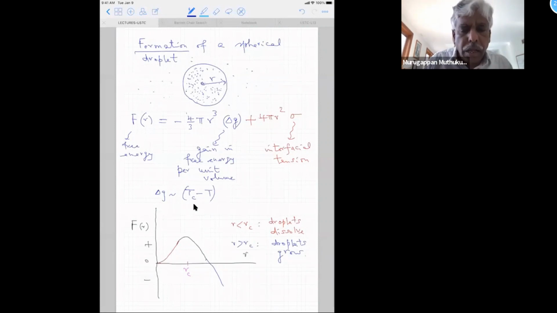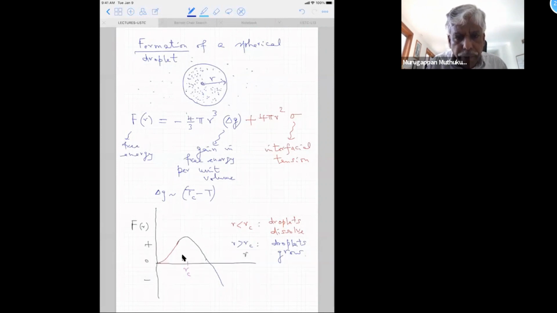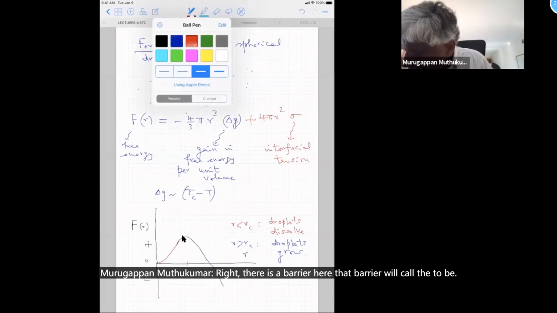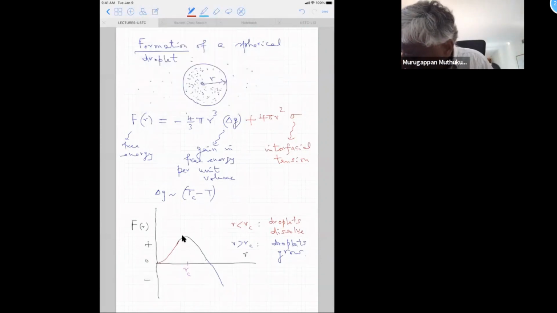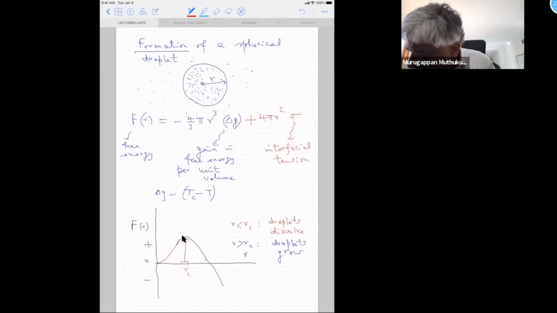Also, there is another quantity that must come to your mind. How hard is this uphill battle? What is this barrier? There is a barrier here. That barrier we'll call the nucleation barrier, but I'm going to write F dagger.